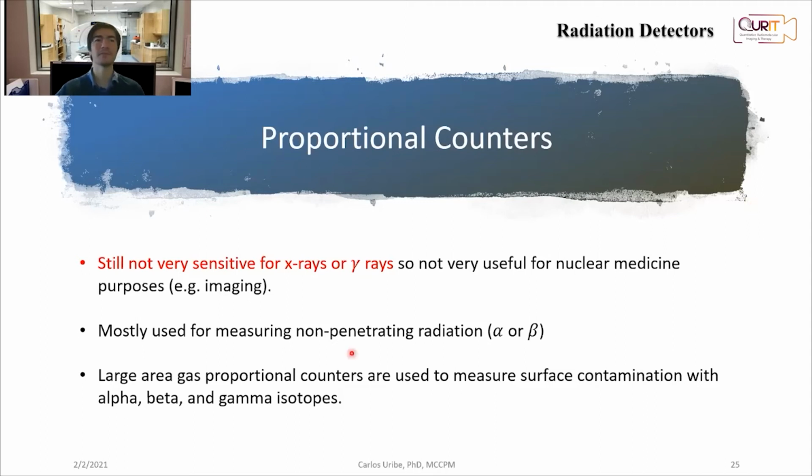That's what we mean by non-penetrating radiation. If it's outside of your body, it's hard for it to enter your body unless maybe you swallow it or something like that. Large area gas proportional counters are typically used to measure surface contamination, when that contamination is caused by alpha, beta, or gamma isotopes.